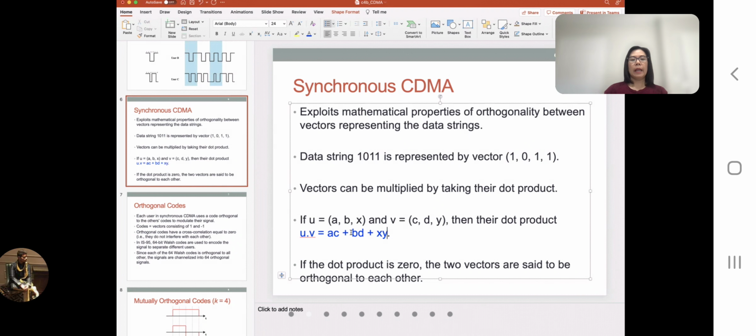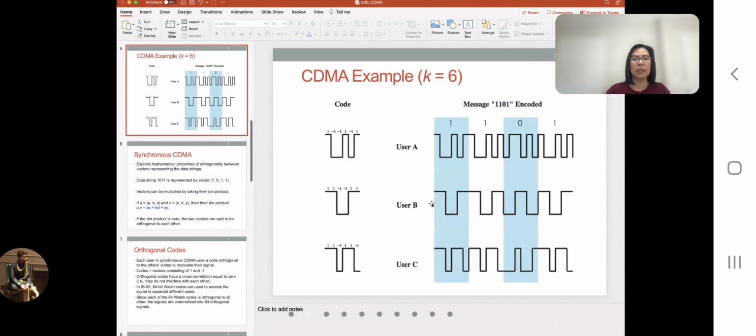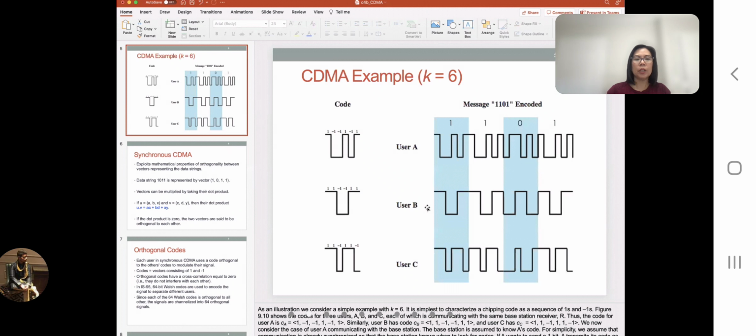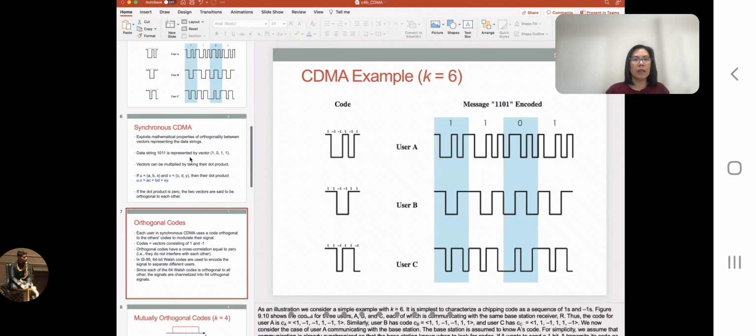Again, if this dot product is 0, then the two vectors are said to be orthogonal to each other. Because of this property, when different senders transmit over the same medium, we can separate the signals to get back the original messages.